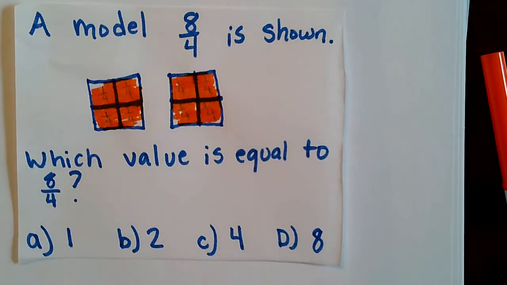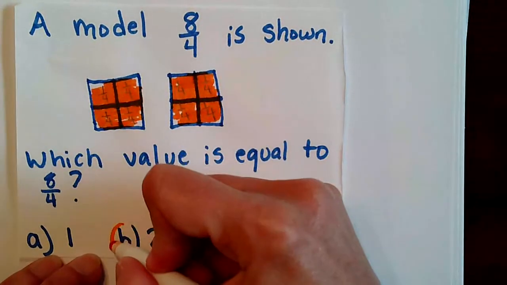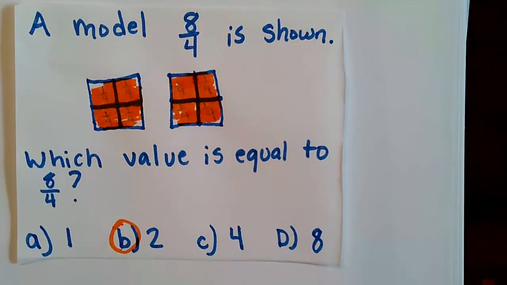So 8/4, is it the same as 1 whole, 2 wholes, 4 wholes, or 8 wholes? Go ahead and write your answer down really fast. 8/4 is the same as 2 wholes. I bet you got that one also.